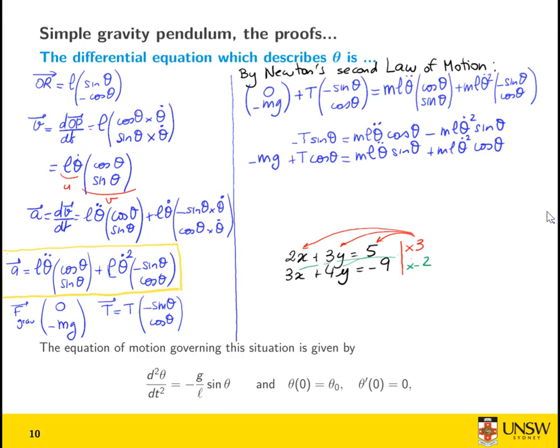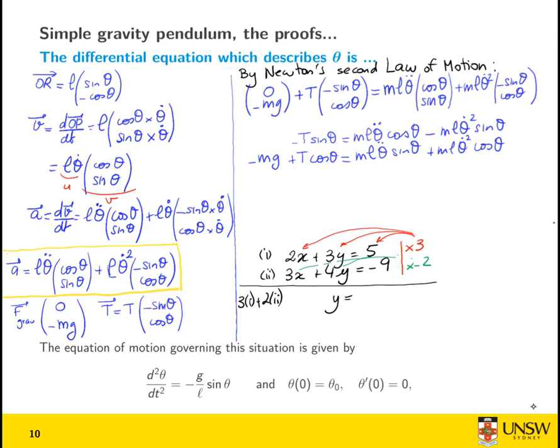So if I call this first equation I and the second equation II, then when I do 3 times the first one plus 2 times the second one, what I will get is 3 times 2, 6x's, minus 6x's, 0x's. And now for the y, I get 3 times 3, 9y's, minus 8y's, so that's just y.